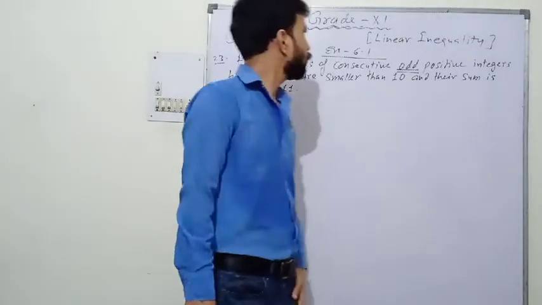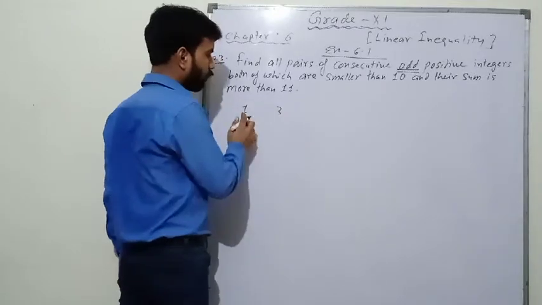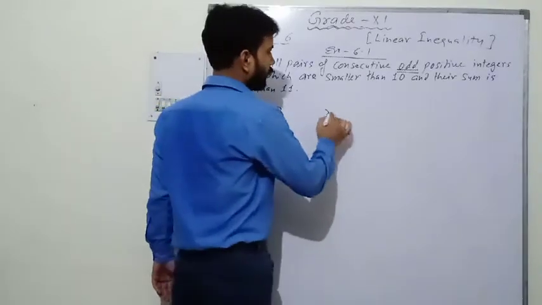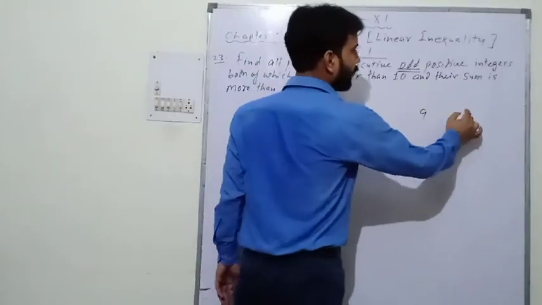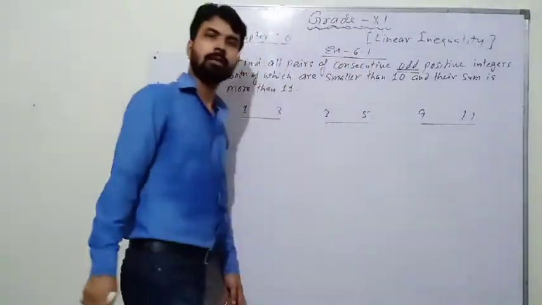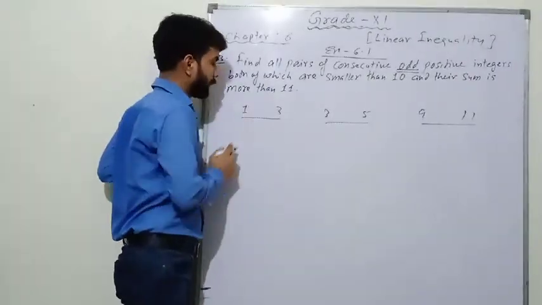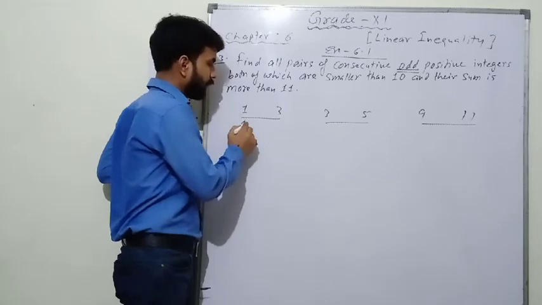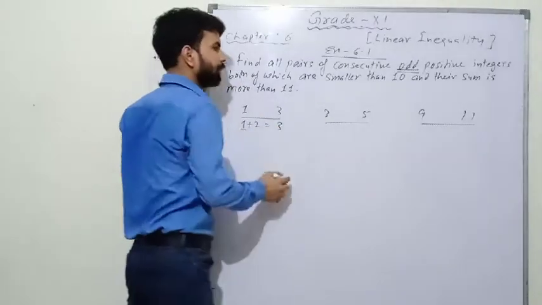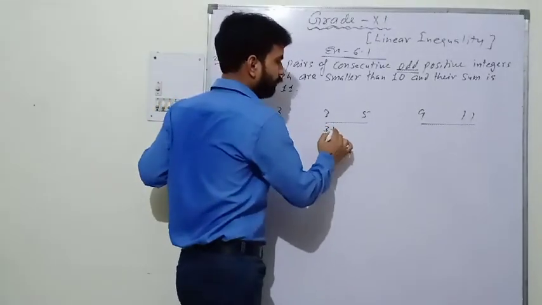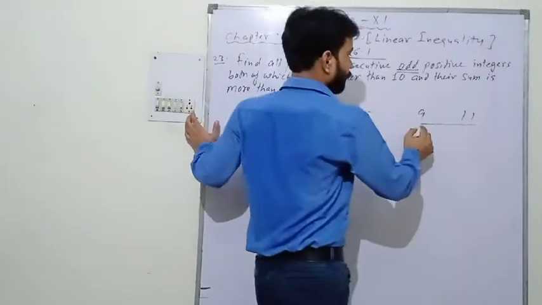Got it? So see, if 1 and 3 are consecutive odd numbers, 3 and 5 are consecutive numbers, 9 and 11 are consecutive numbers. Now see the difference of two consecutive integers. Beta, first number is 1. If we add 2, then we get 3 or not? Same here. First number is 3. If we add 2, then we get 5. Here, first number is 9.